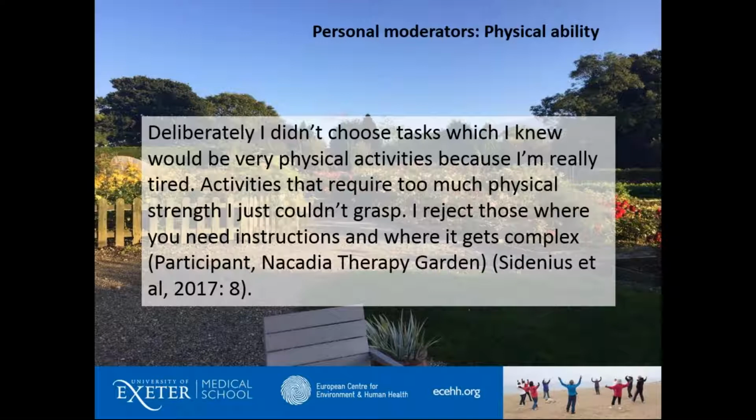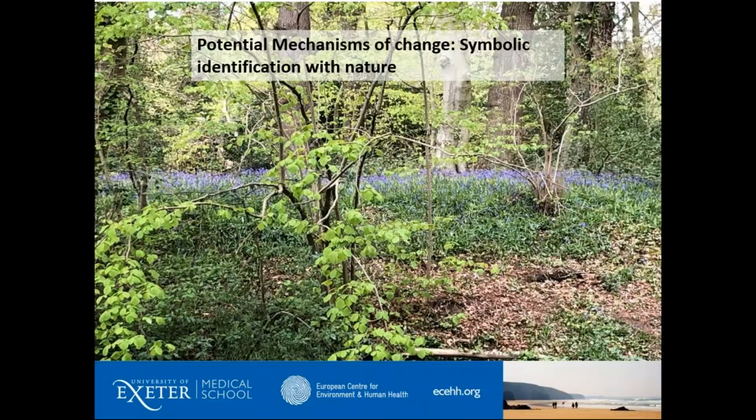And then here's a participant, just to give you the other side, who says, well, I'm really tired, and I just didn't go for those activities that required too much physical strength. So you can see how the relevance of these mediators could be different for different people and might impact different groups of people.